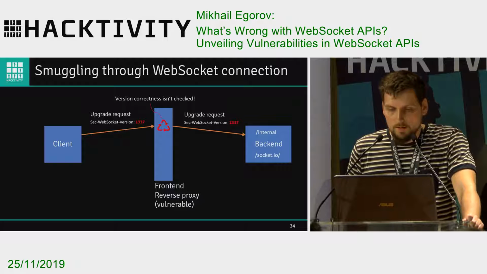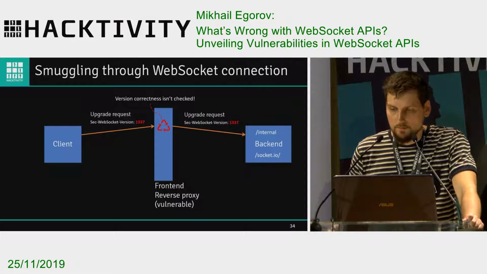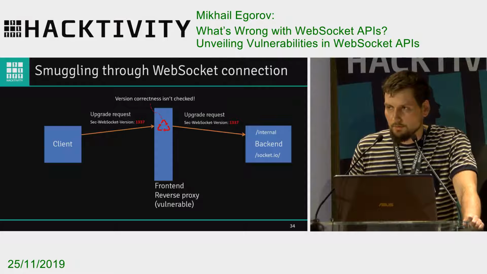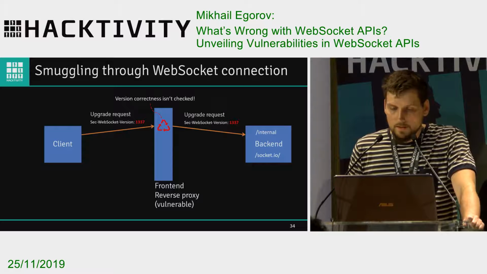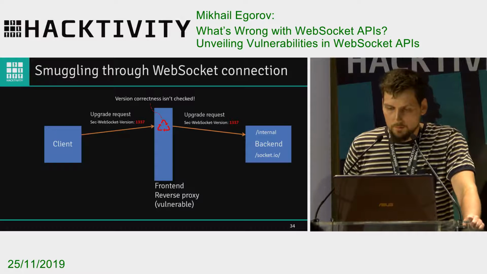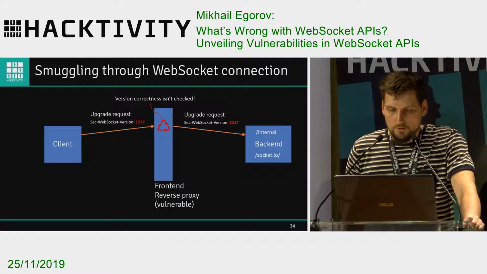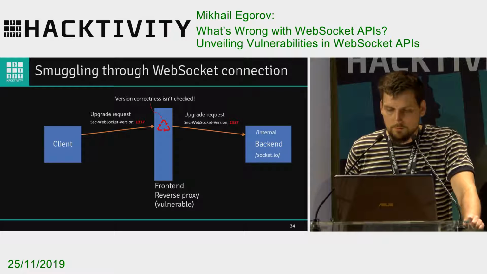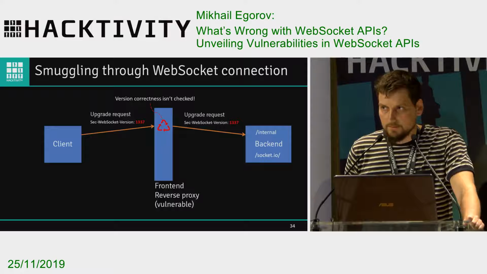On the first step, the client sends an upgrade request to the reverse proxy with a wrong version in the Sec-WebSocket-Version HTTP header. Currently, only version 13 is supported most of the time. And the reverse proxy doesn't check the version and passes the request to the backend, thinking that it's a good upgrade request.